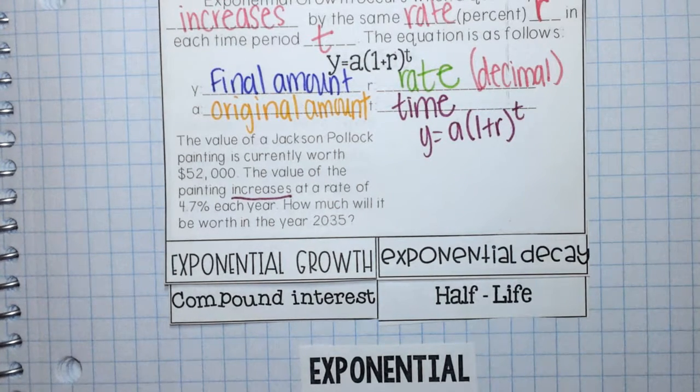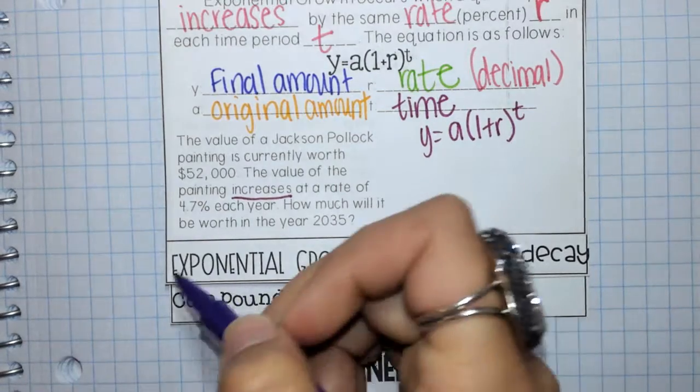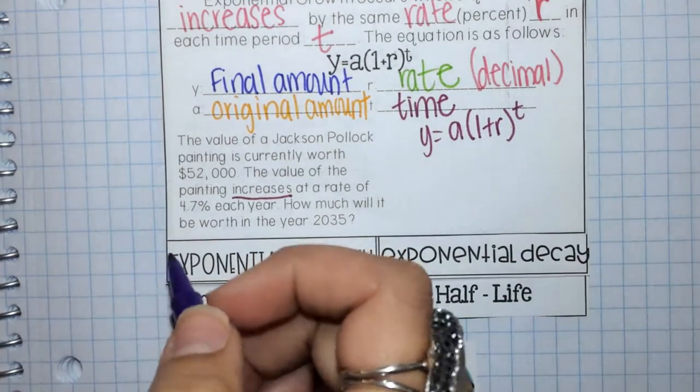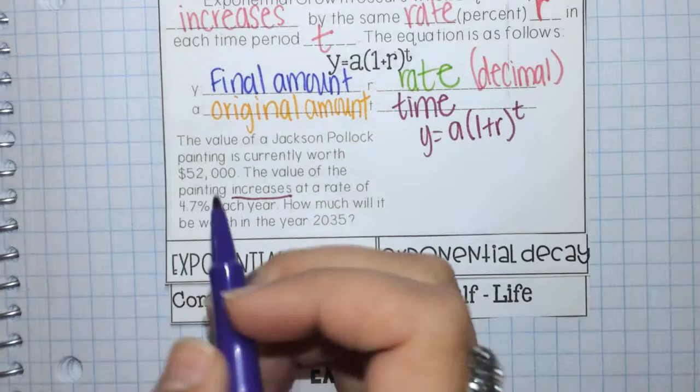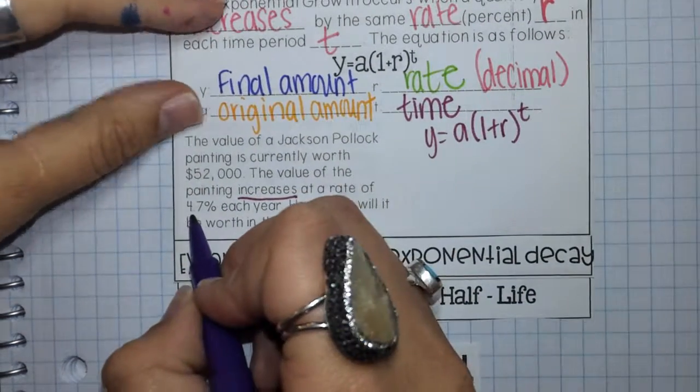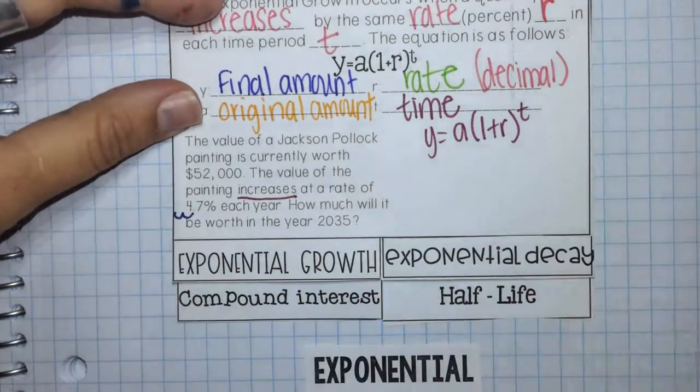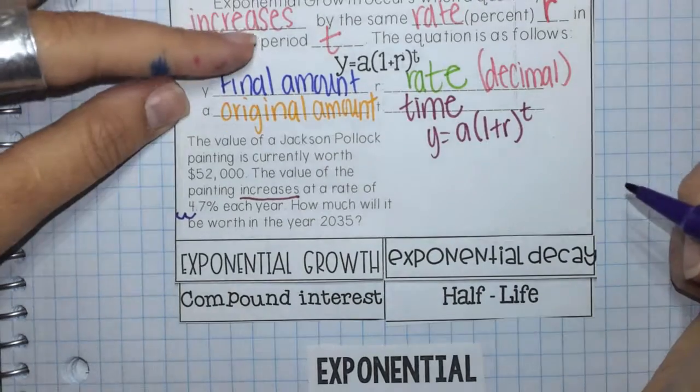Now, can anybody tell me what 4.7% becomes when we turn it into a decimal? Do y'all remember how many decimal places we move percentages? 2 to the left. Yep. So you're going to move this decimal 1, 2, and that's going to become 0.047.